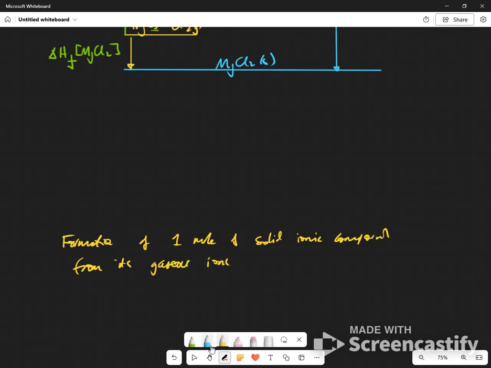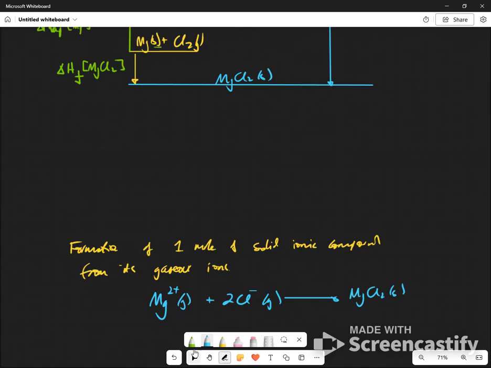So, for example, let's do magnesium chloride. Mg2+ gas plus 2 chloride ions, gas, gives us MgCl2 solid. That is the lattice energy of magnesium chloride.